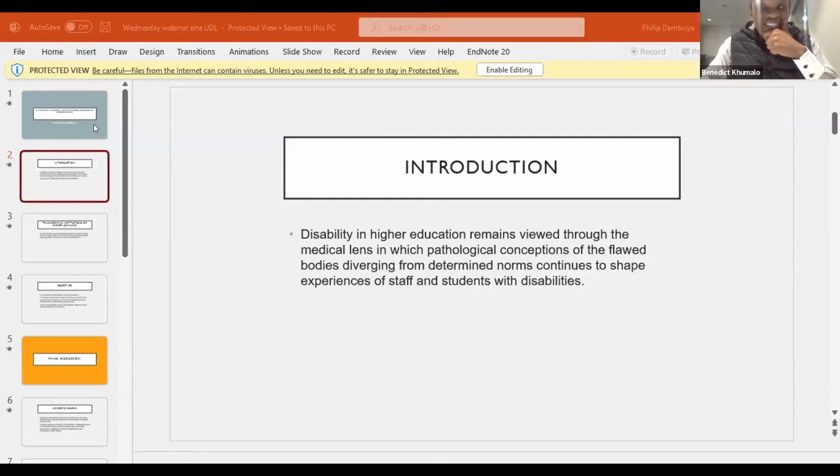So with this one, I thought of looking at academic ableism, because as part of transforming the university, it is re-looking at academic ableism and how it manifests itself at the university.